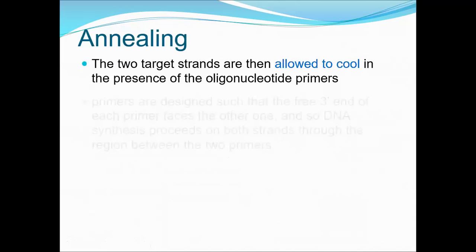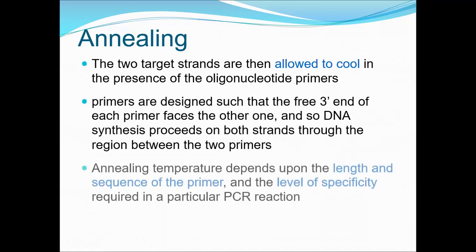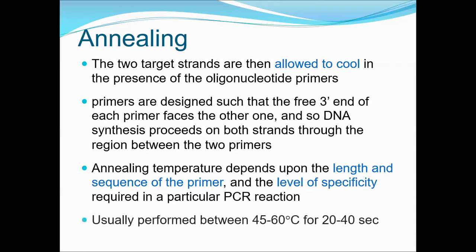Then comes the annealing, where the two target strands are allowed to cool in the presence of the primers. The primers will bind to the complementary pair present in the template DNA. This is usually performed at 45 to 60 degrees Celsius for 20 to 40 seconds.